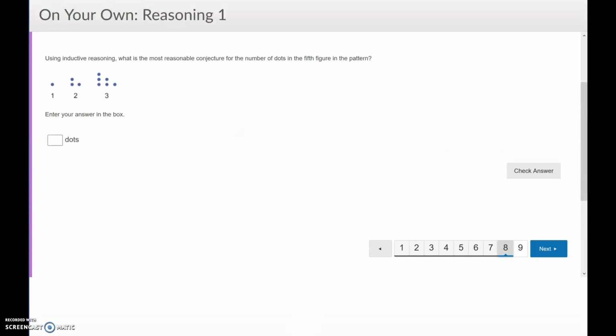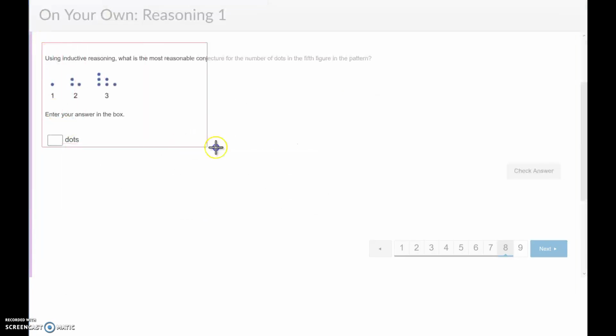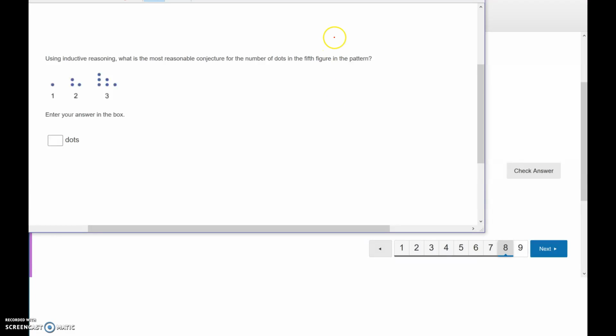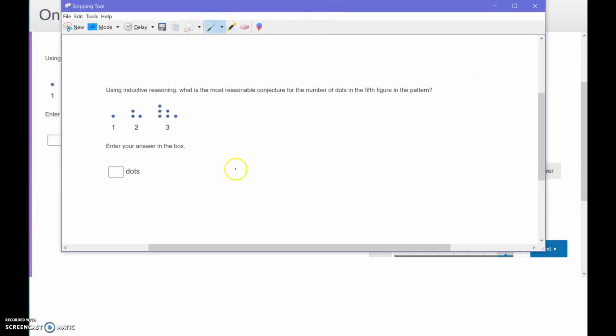All right, here's another pattern. I like to draw these. So we're looking for the 5th number in the pattern. First one has 1. The second one has 3. The third one has 1, 2, 3, 4, 5, 6.